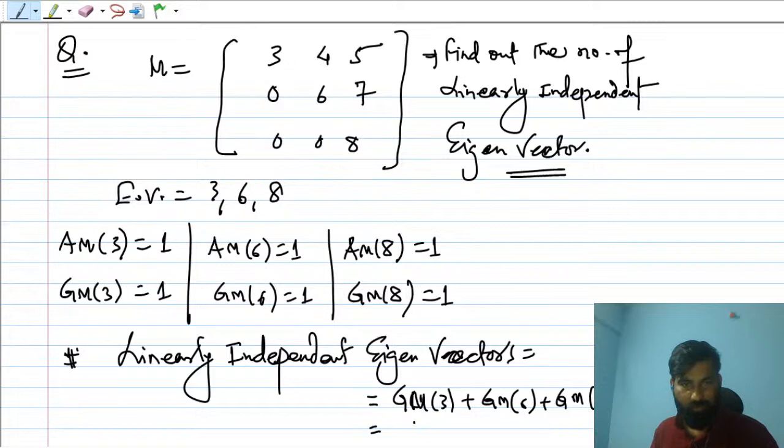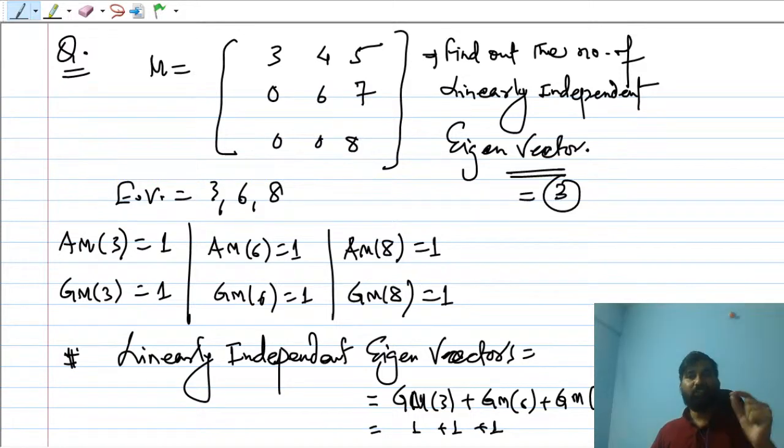This is going to be 1, 1, 1. What is the answer here? The answer will be 3. So what is the relation between linearly independent eigenvectors and the GM, the geometric multiplicity? That is the sum of all geometric multiplicities of lambda i.